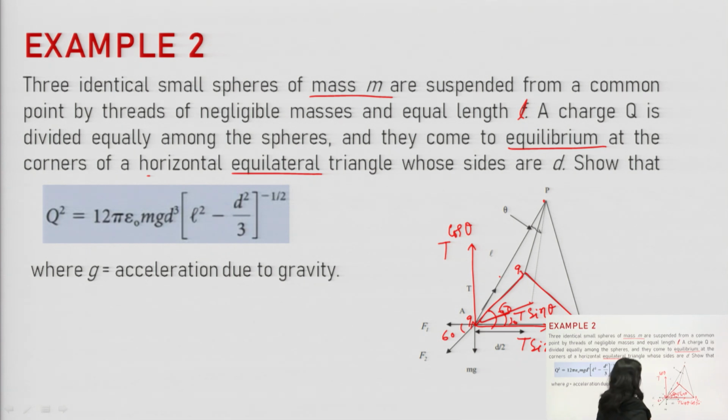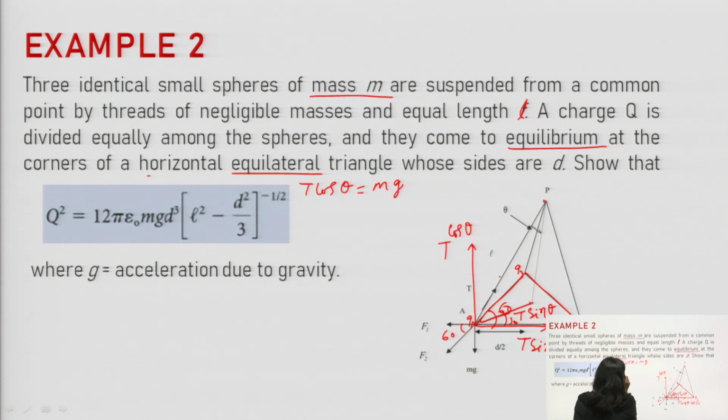Okay, now what are the forces acting there and which one is getting balanced by which one? So let us see. First, T cos theta is getting balanced by mg.